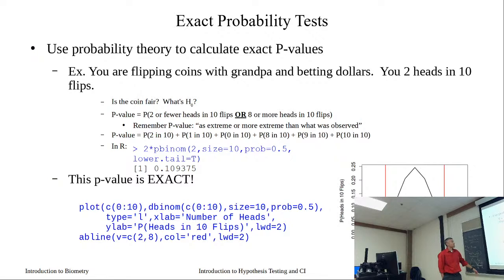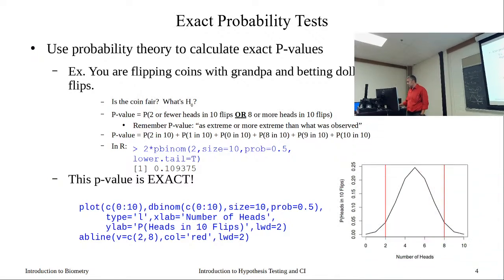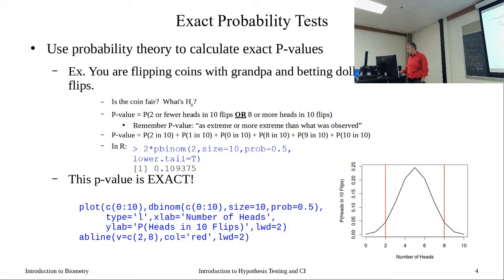So what we're interested in is you flip 2 heads. We want to know how likely is it to flip 2 or fewer heads, or the opposite of flipping 8 or more heads. Well, here's our curve, just to kind of demonstrate it. This curve, that's our binomial distribution.